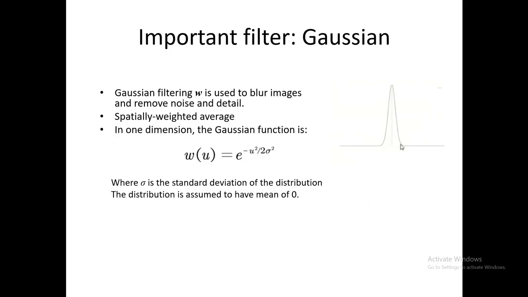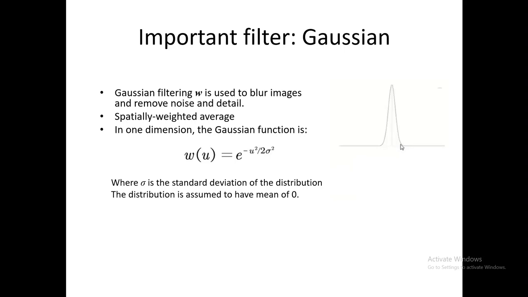One example of this type of filter is the Gaussian filter, which is also used to blur images and remove noise and detail.